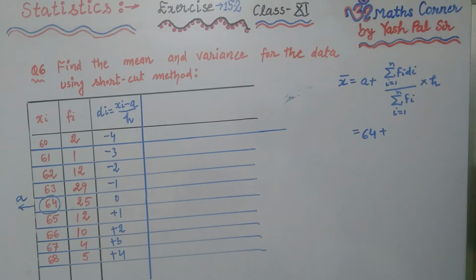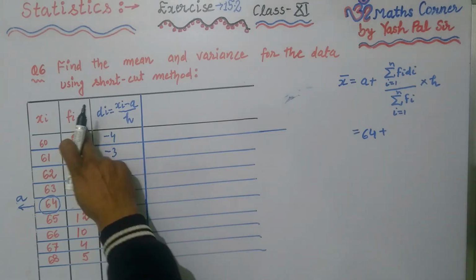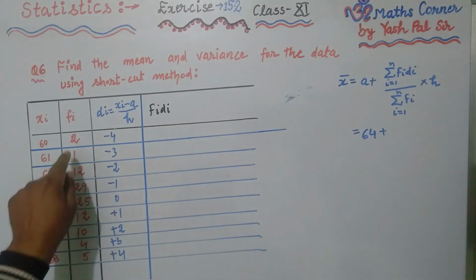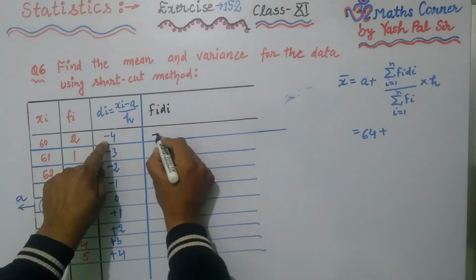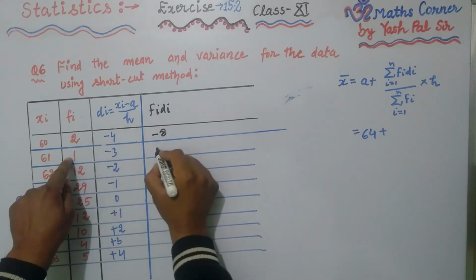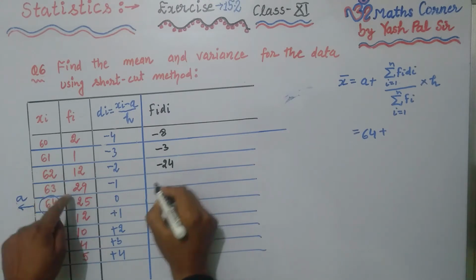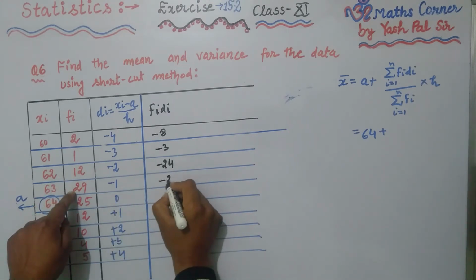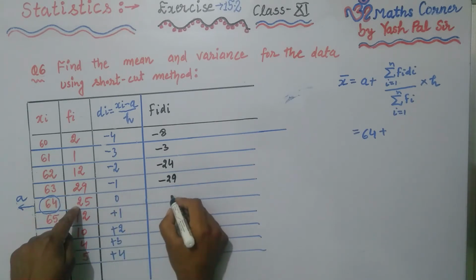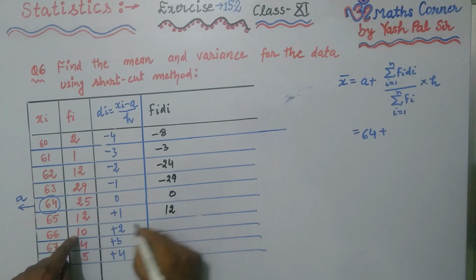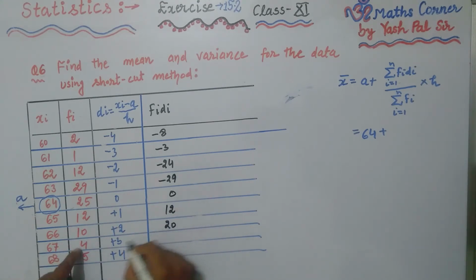Now we calculate the product fi di. What is this? 2 into minus 4 is minus 8, 1 into minus 3, 12 into minus 2, 29 into minus 1, 25 into 0, 12 into 1, 10 into 2, 4 into 3, 5 into 4, 20.